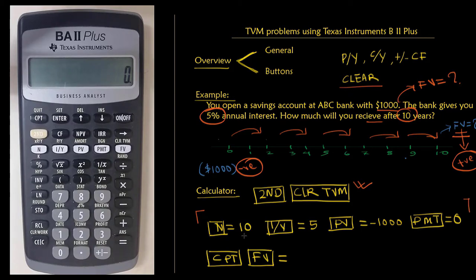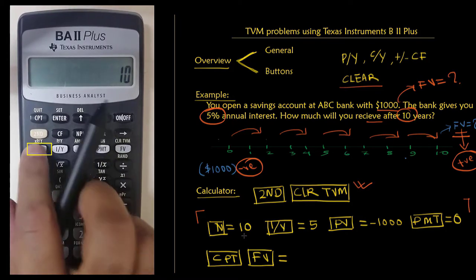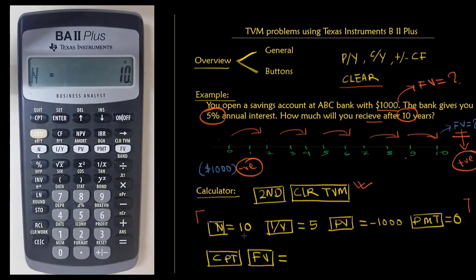Our number of periods is 10, so let's put 10 in N. Then state the interest rate, which is 5%. Don't put 5% or 0.05, directly put 5 in I/Y. So press 5, then press this button.